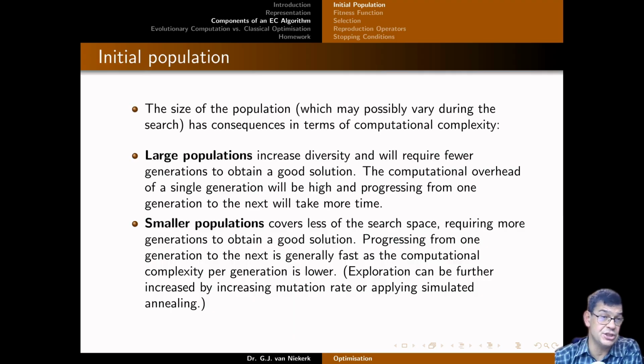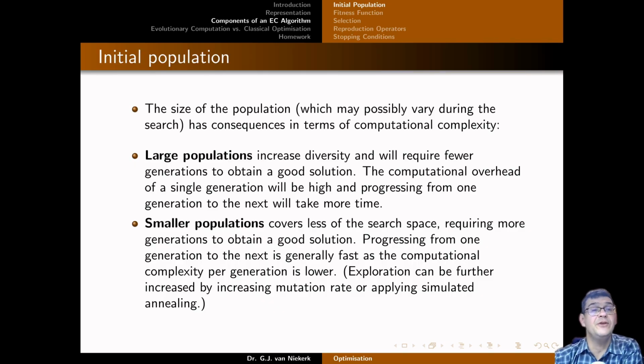Another aspect that needs to be considered during the initialization phase is, of course, the size of your population, because the size of the population is going to directly influence the computational complexity of your algorithm, and also the storage requirements. If you have a large population, so you've got lots of organisms or solutions at the same time being stored, that increases your diversity, which is fantastic.